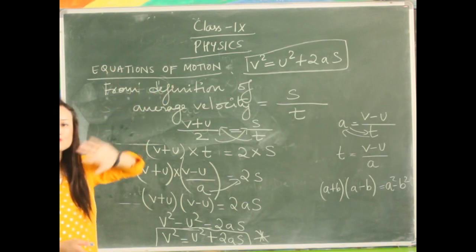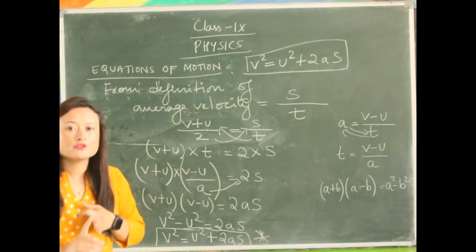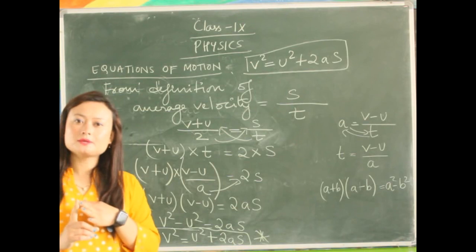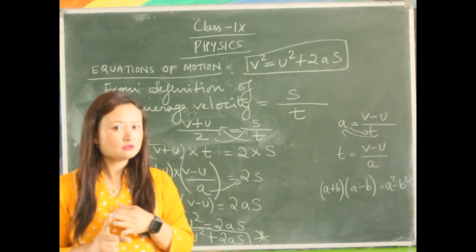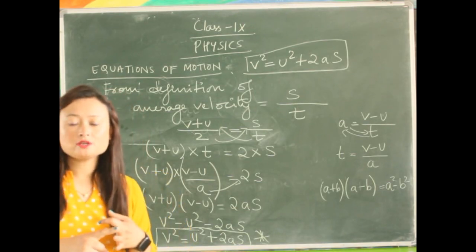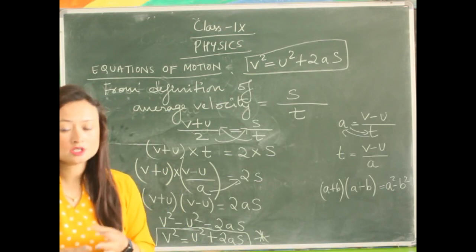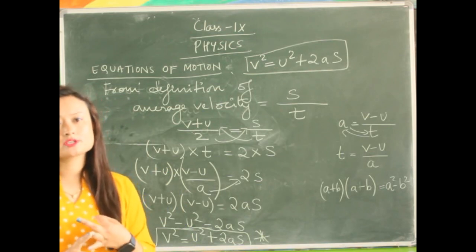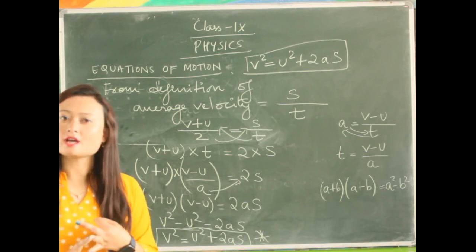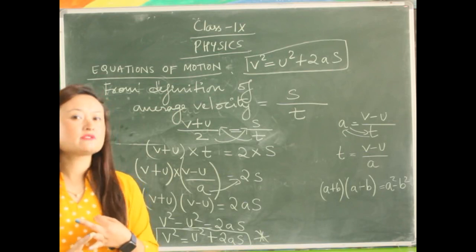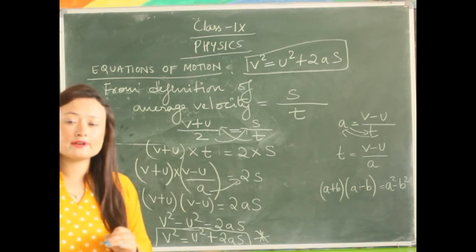We have three equations of motion. The first one being v equals u plus at. We did the derivation of the first one with the definition of acceleration. The second equation of motion is s equals ut plus half at square, which we derived from the definition of average velocity.